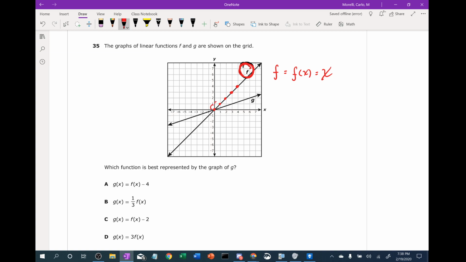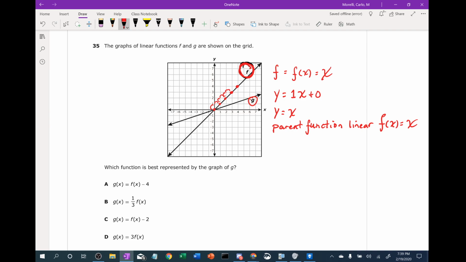It goes up 1 over 1, up 1 over 1, up 1 over 1. It has a y-intercept of 0, so we would say it's y equals 1x plus 0, which is just y equals x. So this is actually the parent function for linear equations, which is f of x equals x. And so all they want to know is what happened to f of x to make it look like g.